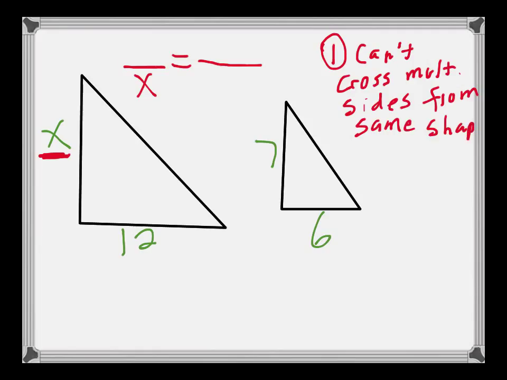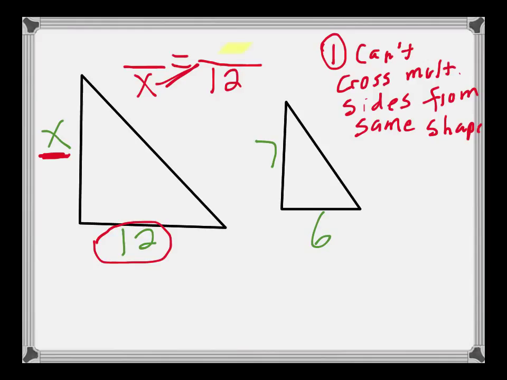So if I want to figure out what I can put here and cross multiply, one thing's for sure, you can't cross multiply sides from the same shape. Well, what number is in the same shape as x? 12. I better not put 12 there. I can put 12 anywhere else.